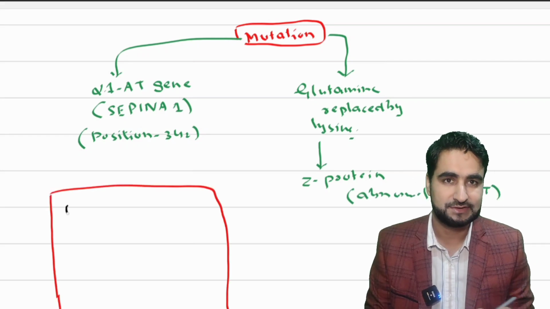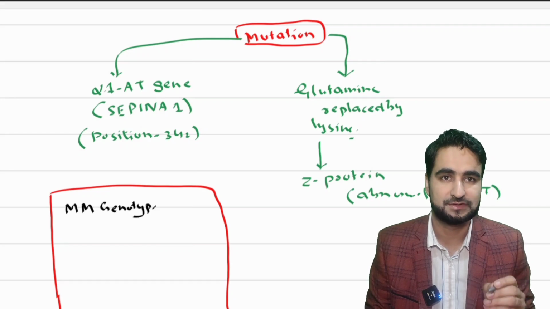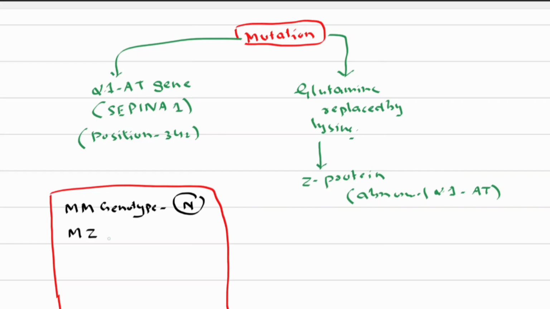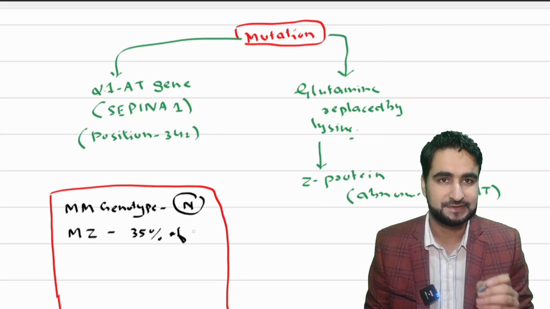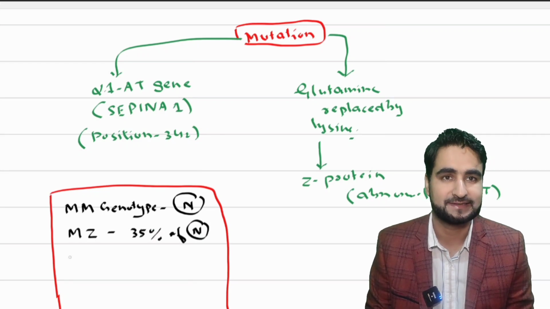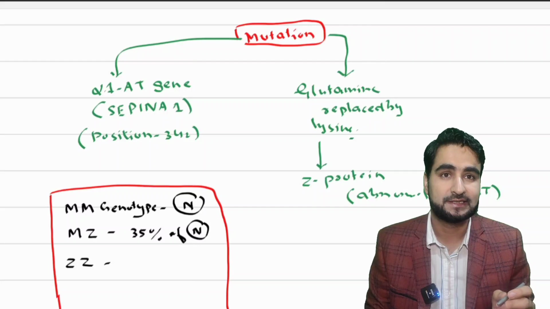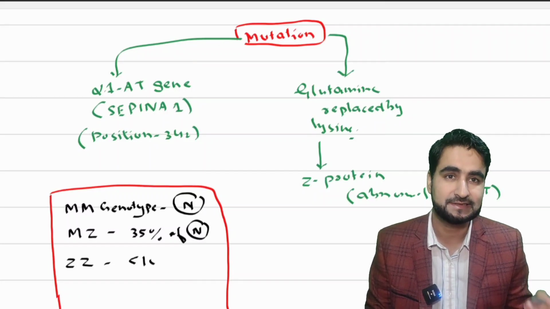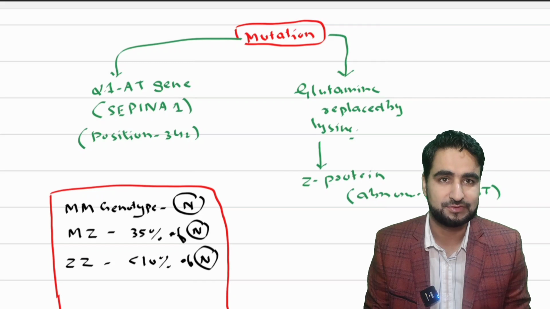So there are genotypes. M genotype is the normal phenotype, in which there is normal concentration of alpha-1 antitrypsin in blood. Another is MZ phenotype. It is the heterozygous type, in which there is only 35% normal alpha-1 antitrypsin. Rest is abnormal, that is mutant.